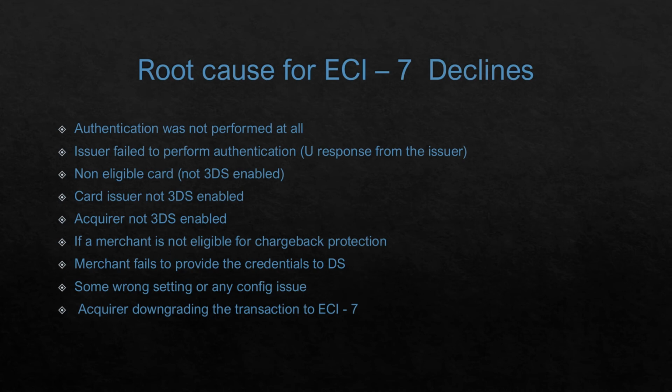Since it's layer-by-layer processing, any layer breaking down can cause an ECI 7 decline. So it is in fact really tough to find out the root cause for an ECI decline. It's a bit of a struggle. We will find out how we will handle this struggle so that we can increase the success rate of the orders.